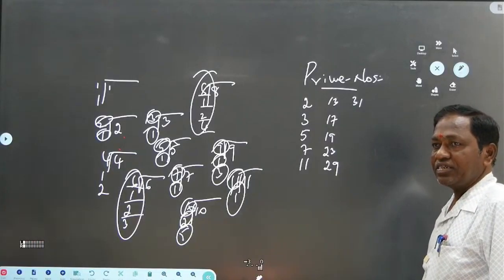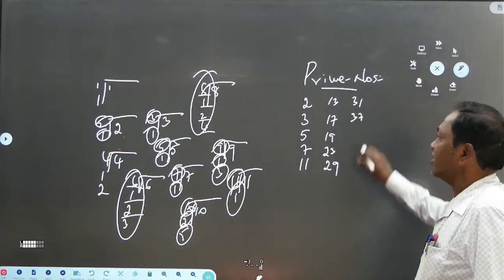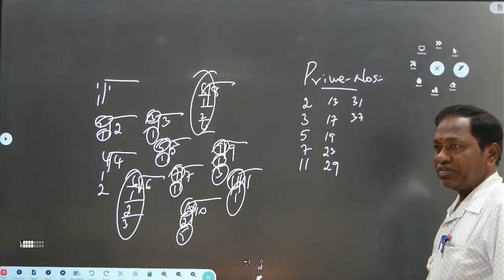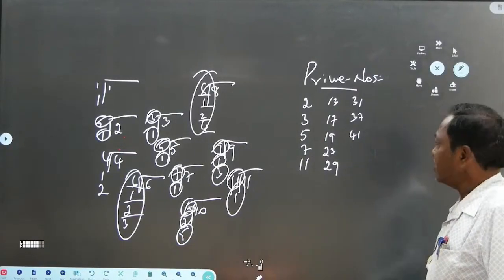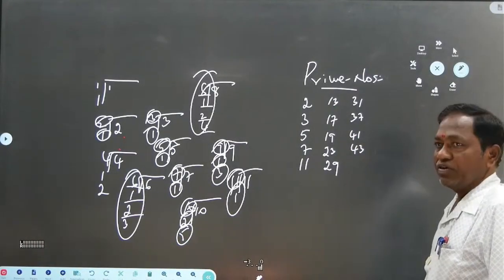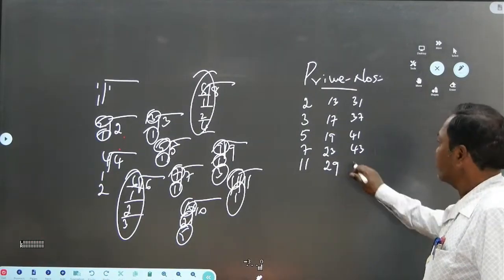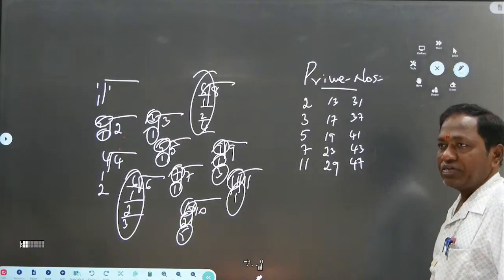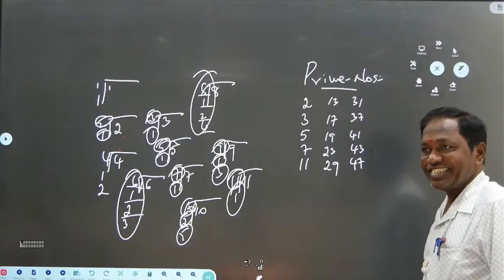32, 33, 34, 35, 36, 37 can be taken. 38, 39, no. 40, no. 41, 42, 43 is a prime number. 44, 45, 46, 47 is a prime number. 48, no, even number. 49 is a squared number, isn't it?